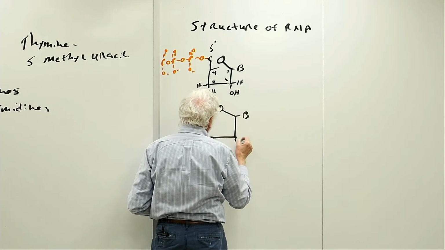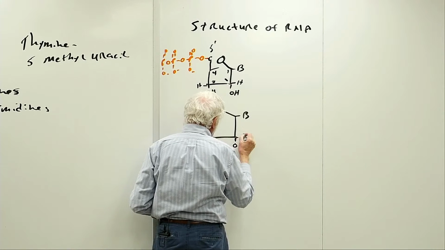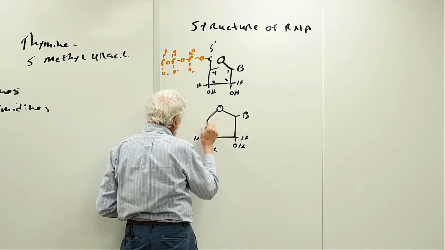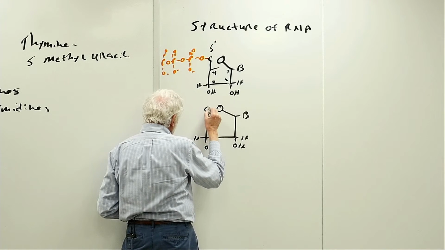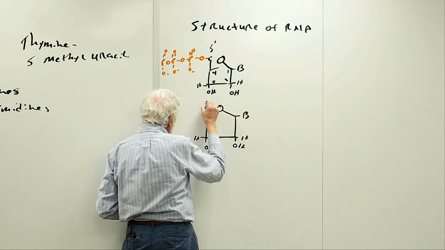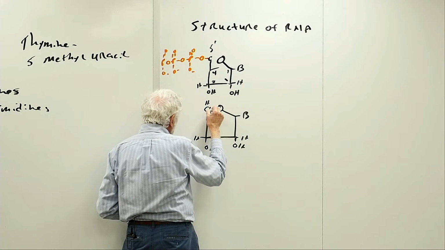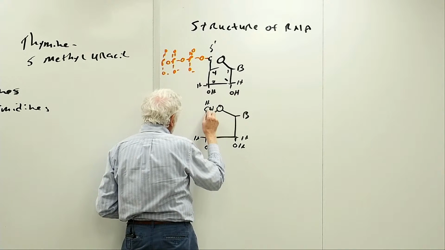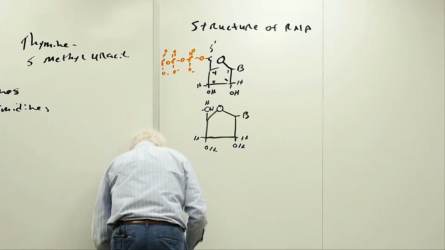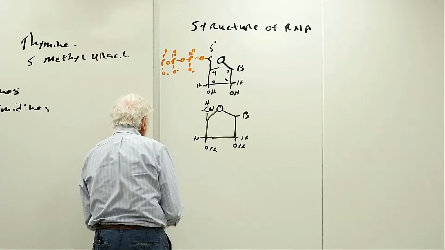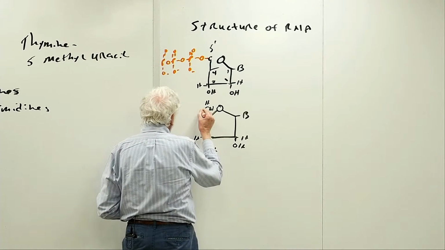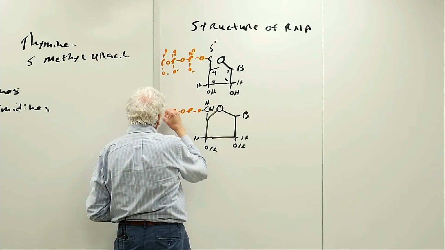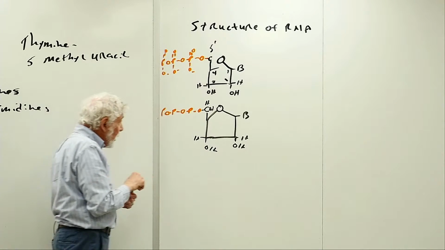It's going to have a hydroxyl down here, a hydrogen, an OH, and an H. And here in the number 5 carbon, there's going to be a hydrogen, a hydrogen. And then out here, again, is going to be our phosphate group. So this is going to be O, P, O, P, O, P. I won't put all the other oxygens in.